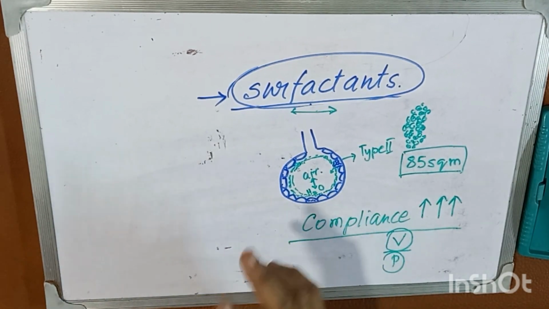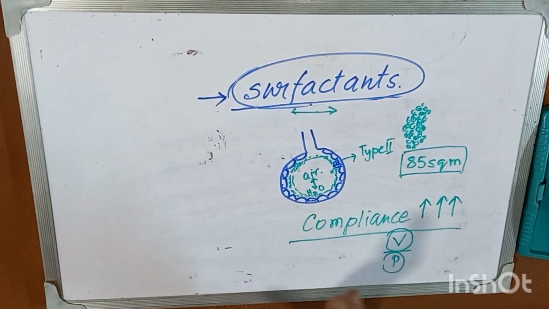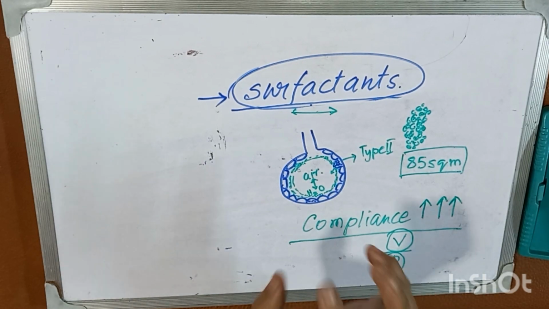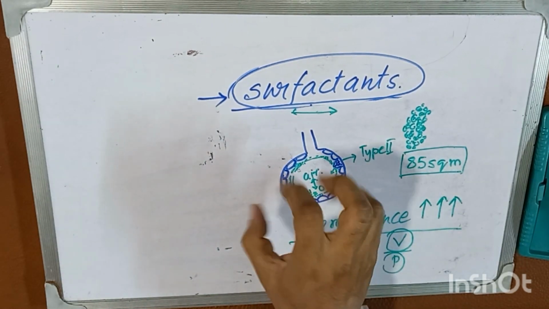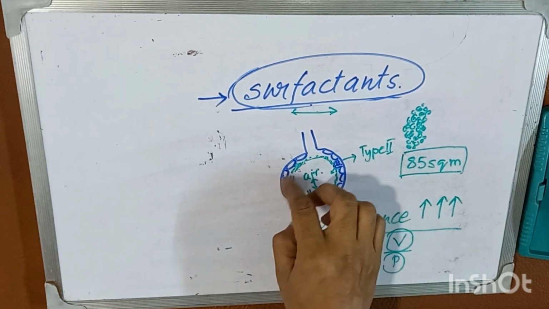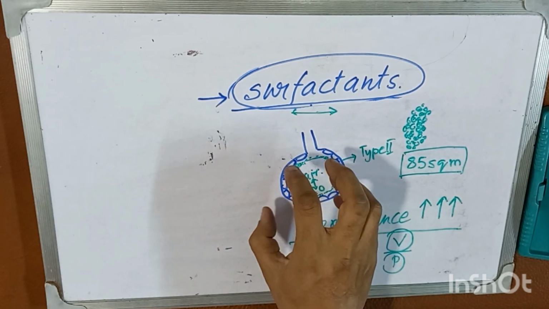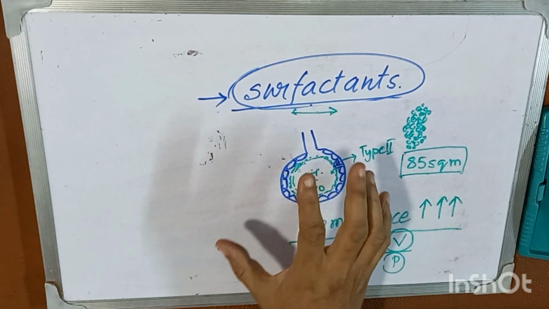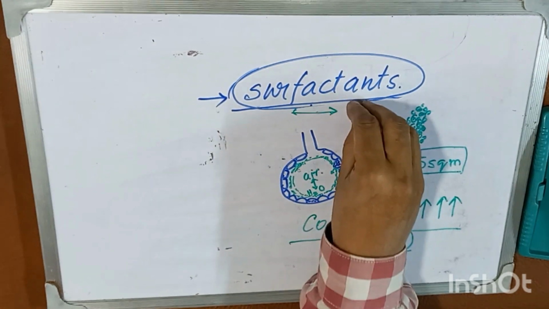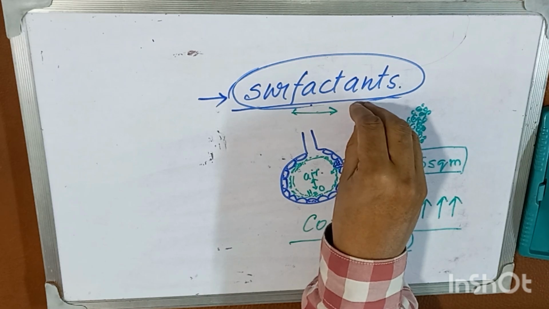We know that 95% of our body is water. The lung epithelium is moistened, so there is water. If there was no surfactant, the more surface tension would have resulted in the lung getting collapsed. But with the presence of these surfactant molecules, which are basically phospholipids, different types of phospholipids are present, I will come to that.